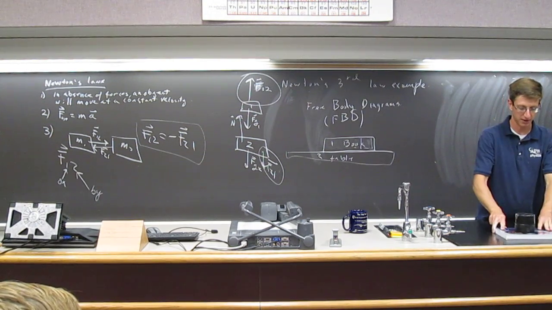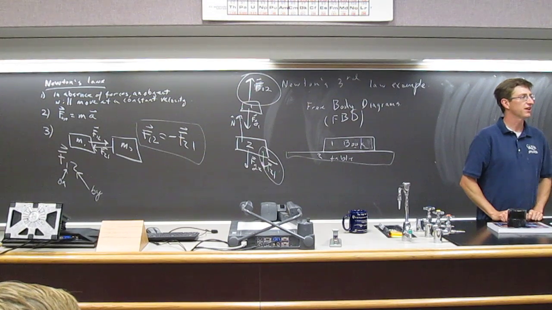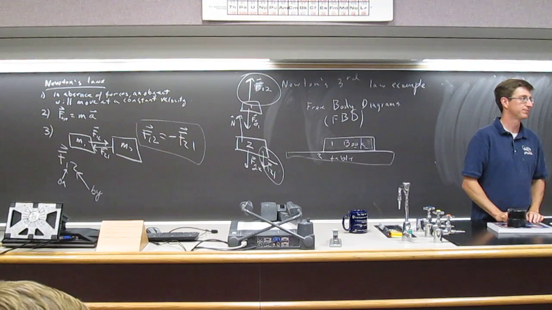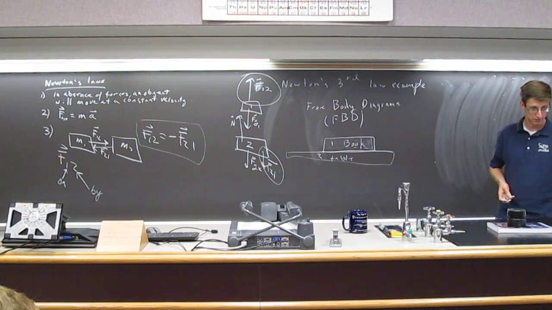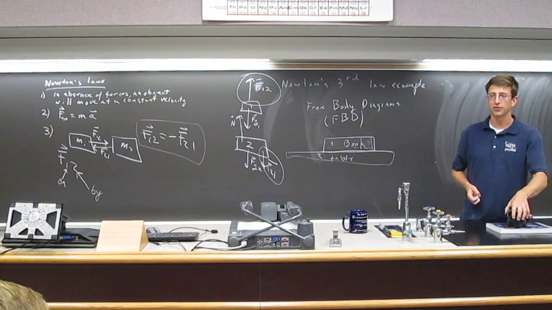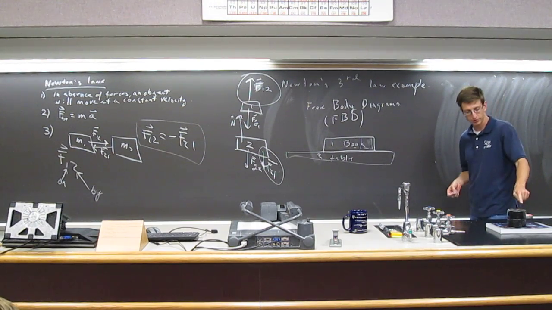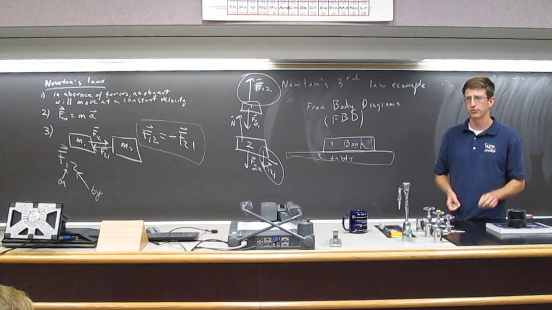Make sure you draw free body diagrams, and then circle all the third law force pairs. You can ignore the table. Just these three masses, except for the force on the table, the normal force.